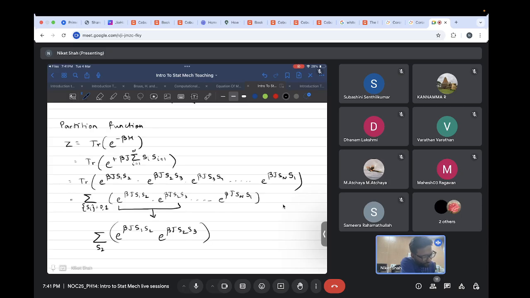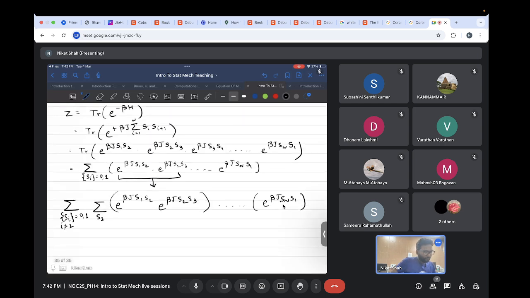Of course, all the other terms and all the other summations still remain: Si in 0, 1, i not equal to 2, because 2 I have already considered here, and all the other terms are also here, up to beta J sn s1. Everything else is here, just that I am isolating this particular term.